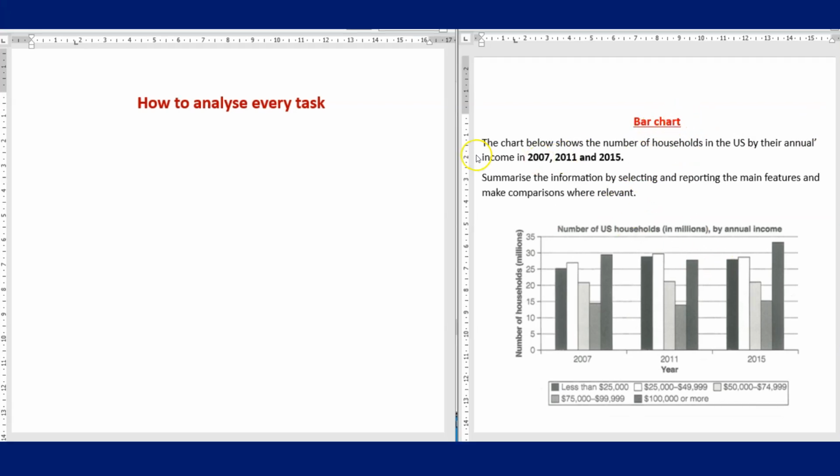There's a bar chart, and it states that the chart below shows the number of households in the US by their annual income in 2007, 2011, 2015, and that we are supposed to summarize the information by selecting and reporting the main features and make comparisons where relevant. As we know, we are supposed to write not less than 150 words for this particular lesson. And we have the graph here.